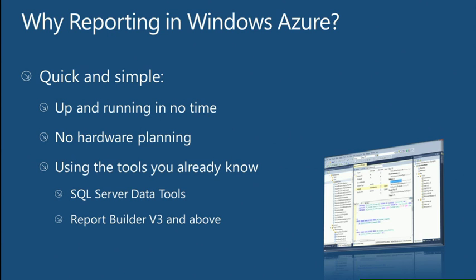So the reasons are, first of all, it's really, really easy to do it this way. You don't really have to install anything. You just configure it. We'll see how you do it from the portal. You don't have to plan ahead for hardware. It scales automatically. If you have your own machine and you put a VM and you put reporting services, and then people start to run lots of reports, you have to monitor it and see that you need more.